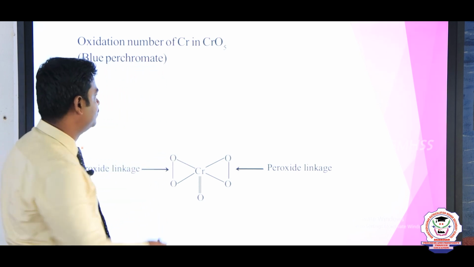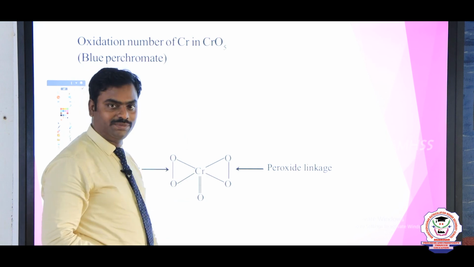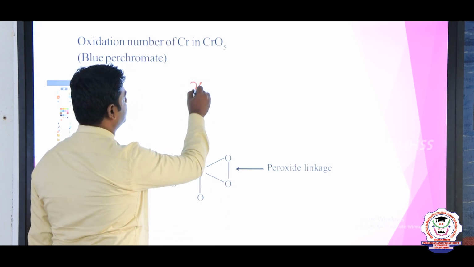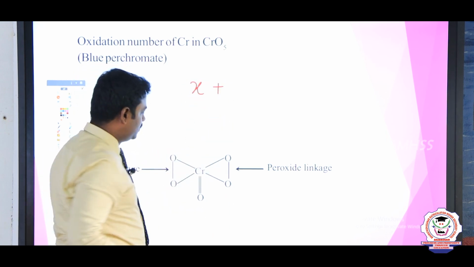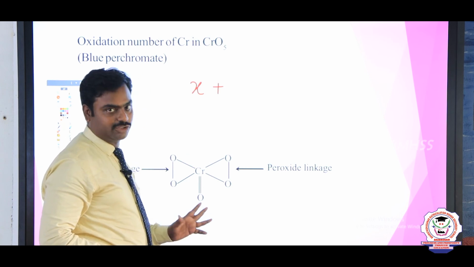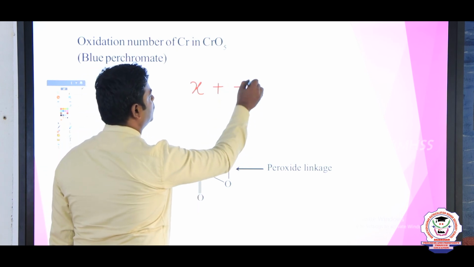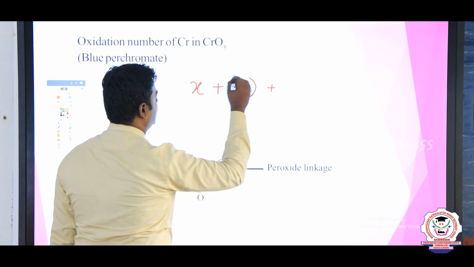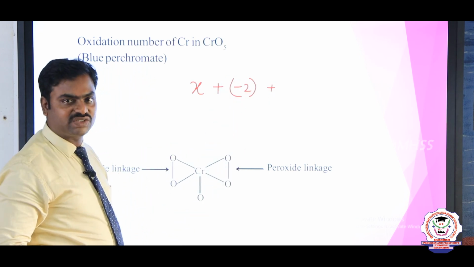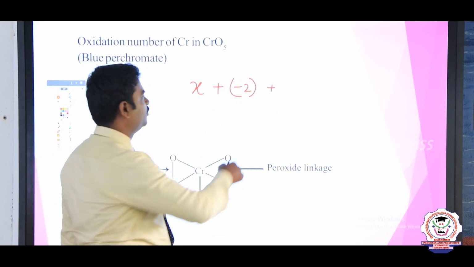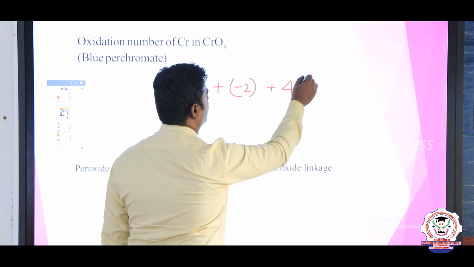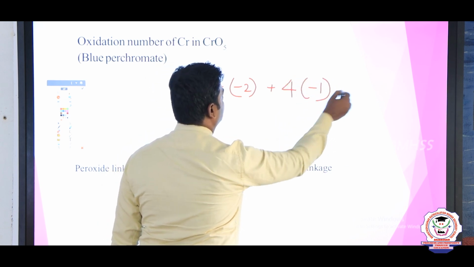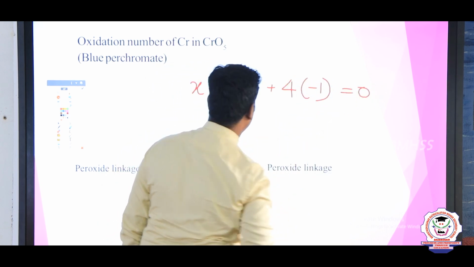So now consider the oxidation state of chromium as X. Plus only 1 oxide is there, that is minus 2 charge, minus 2, plus how many peroxide oxygens are there? 4. So 4 into minus 1, that is equal to 0.